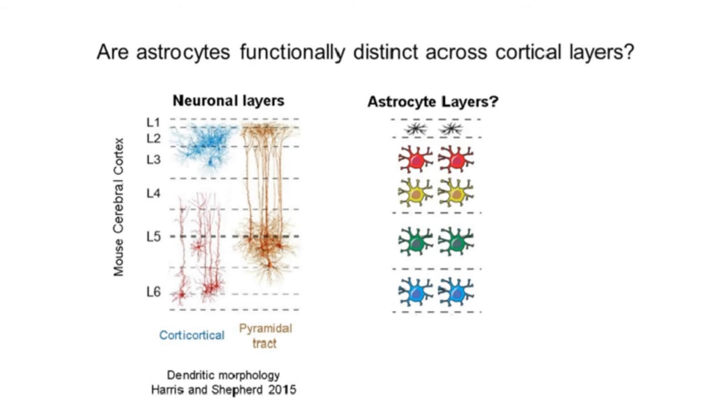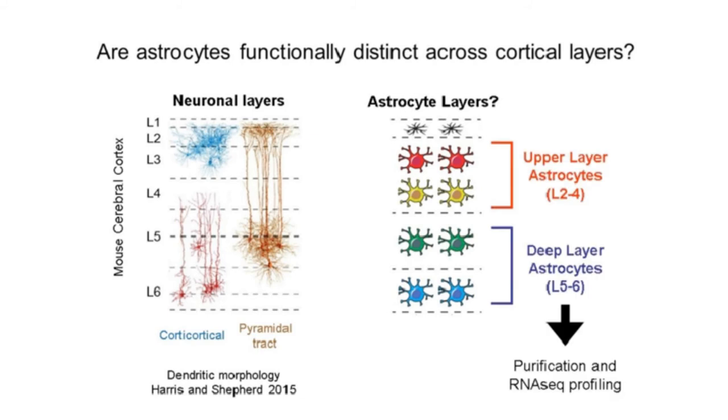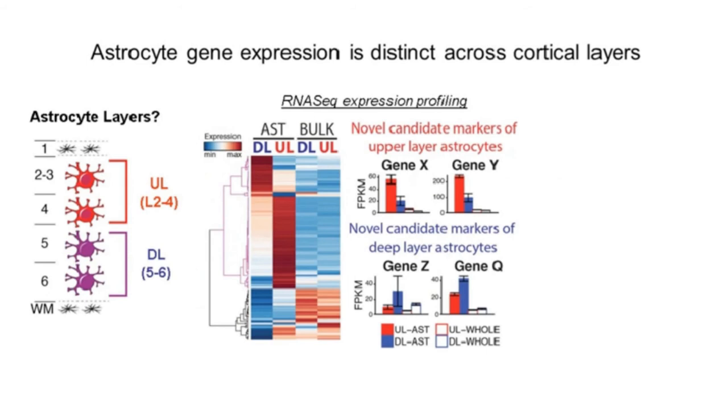As I showed you in the first part of this presentation, it's well recognized that neurons are molecularly and functionally distinct across cortical layers. My question was simply, do we see a similar layering of astrocytes throughout the cortical gray matter? So to go about answering this question, I manually purified upper and deep cortical layer astrocytes from the mouse cortex and then performed RNA-seq profiling to identify potential molecular differences.